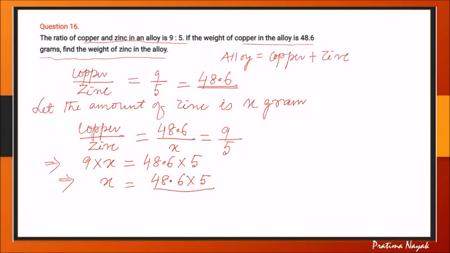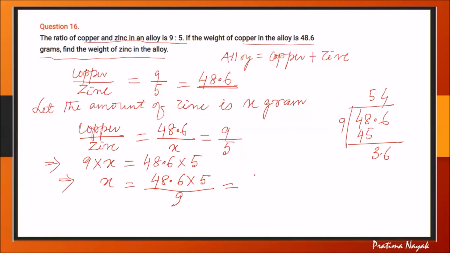So I'll divide here. Don't multiply and get a big number. You can cancel in this fraction form. 48.6 divided by 9, 9 5s are 45, 9 6s are 54.